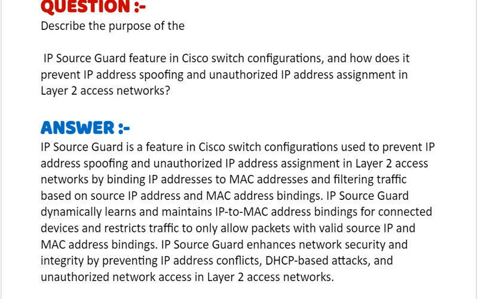IP Source Guard dynamically learns and maintains IP-to-MAC address bindings for connected devices and restricts traffic to only allow packets with valid source IP and MAC address bindings. IP Source Guard enhances network security and integrity by preventing IP address conflicts, DHCP-based attacks, and unauthorized network access in Layer 2 access networks.